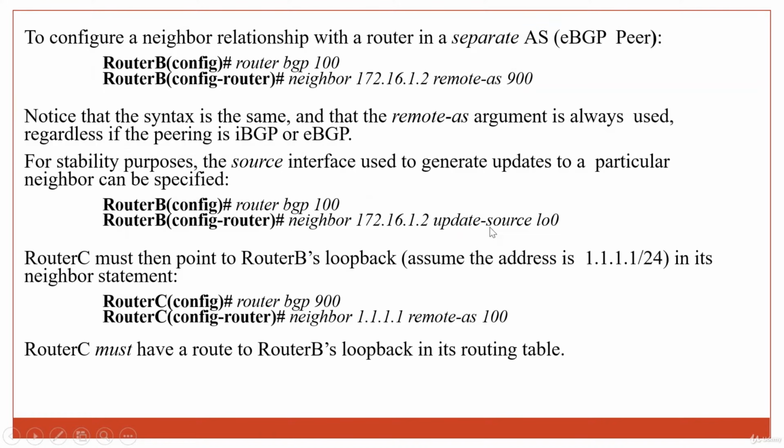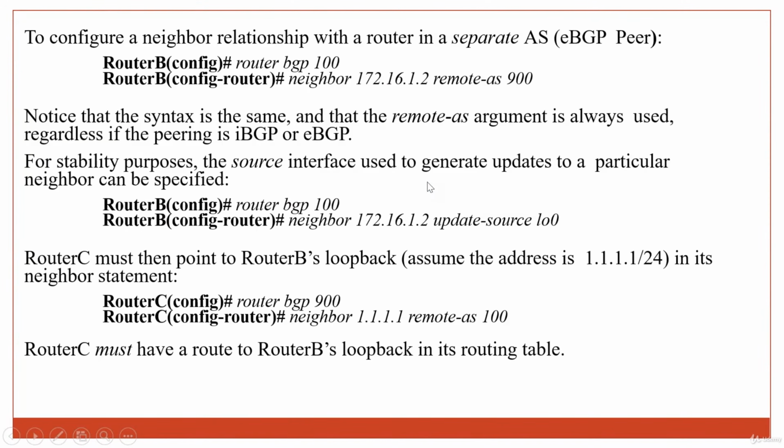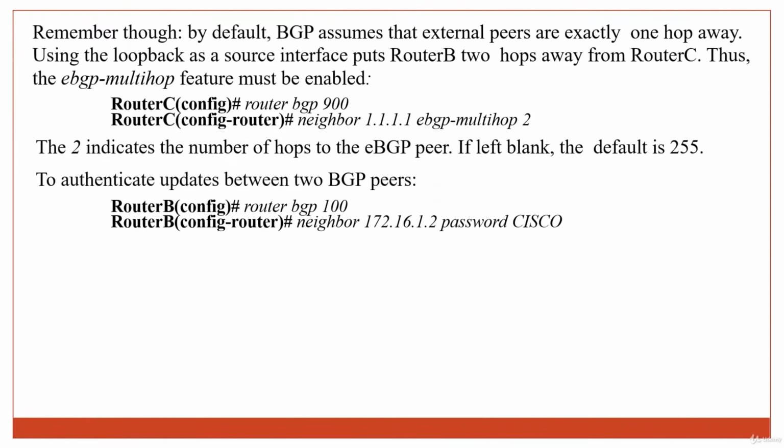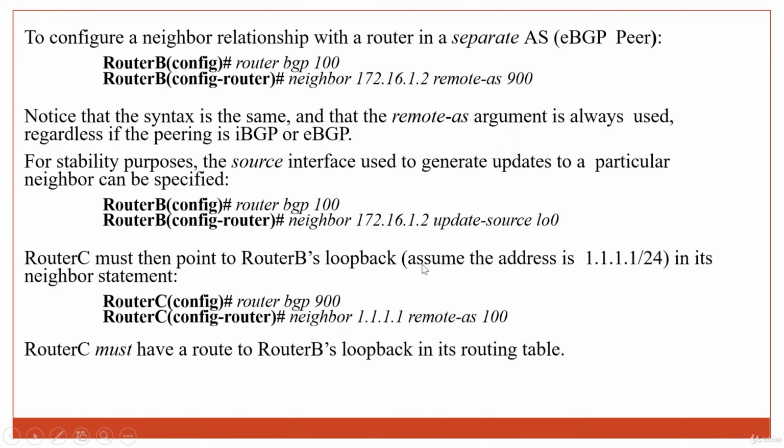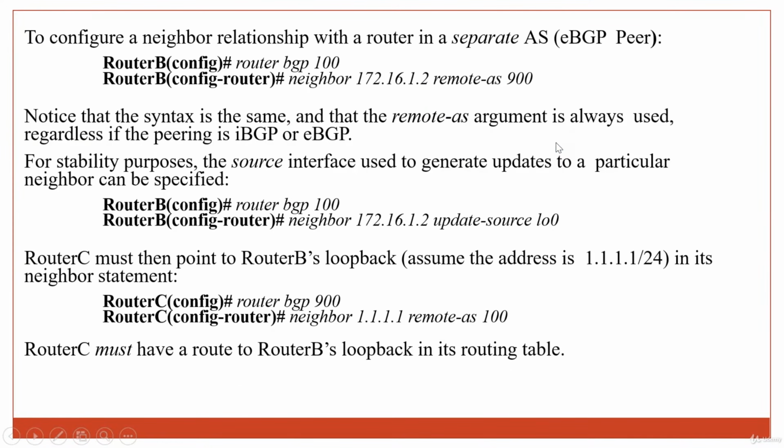I'll come to the eBGP multi-hop option as well. Suppose you have an eBGP relationship and it is multiple hops away, then you can use eBGP multi-hop, for example 200. In this example, suppose you are using the loopback address instead of the physical address, which is again one hop away. How will you form the relationship?